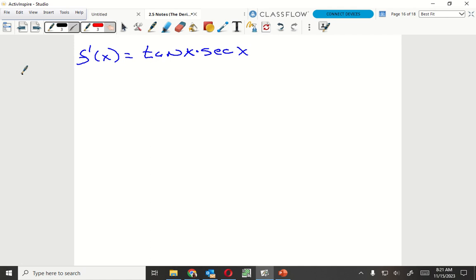So now let's look at it. So f is tangent, g is secant. F prime. What's the derivative of tangent? I can go back through and do it again, or I could just look at the sheet that I already did. Didn't we just do that? Yeah. Wait, hold on. Isn't this whole thing the secant squared x?